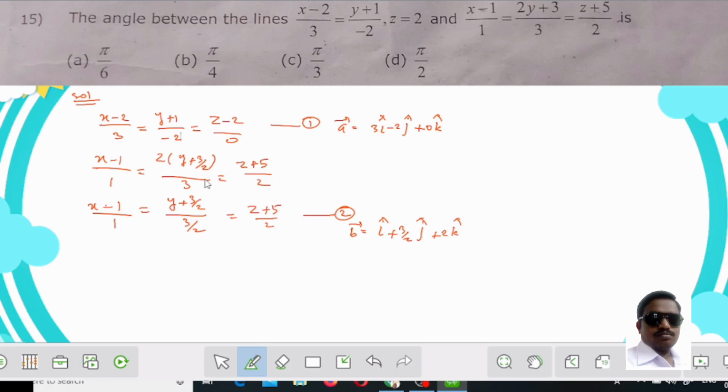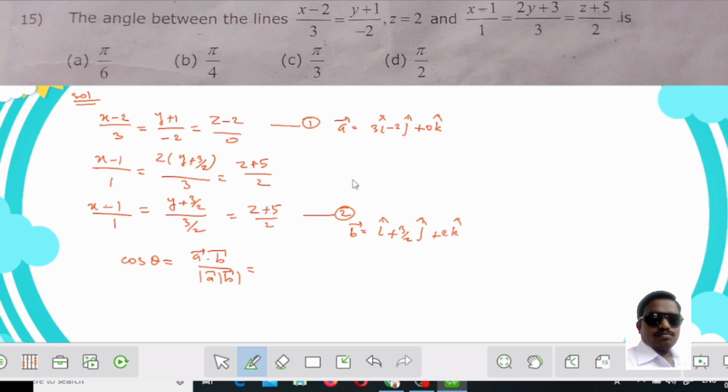Instead of finding the angle between these two straight lines, it is enough to find the angle between these two vectors. To find the angle between two vectors, we can use the cos theta formula: cos theta equal to a vector dot b vector by modulus of a vector modulus of b vector.